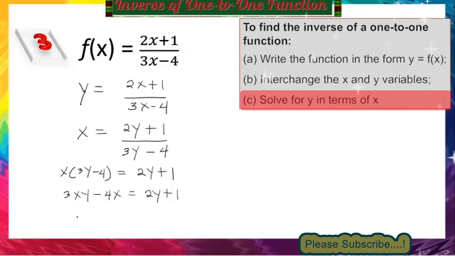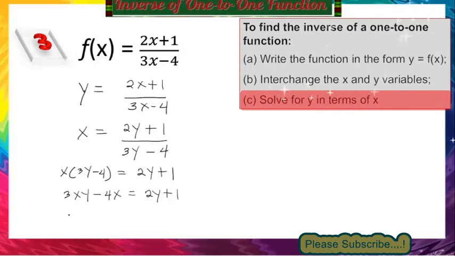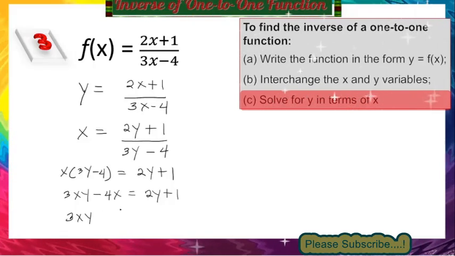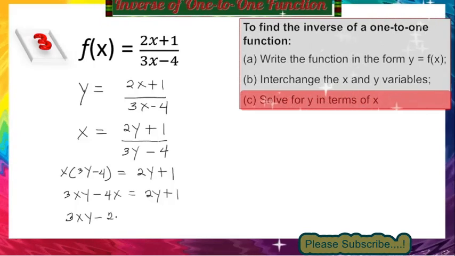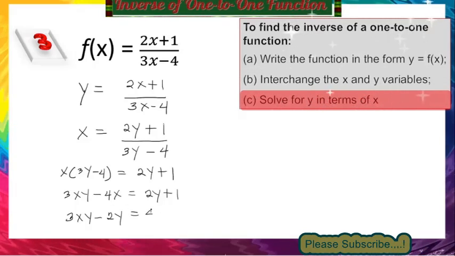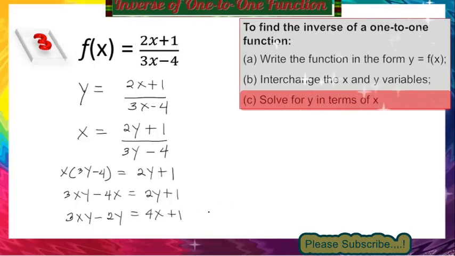So we transpose 2y and 4x: this will become 3xy minus 2y equals 4x plus 1.